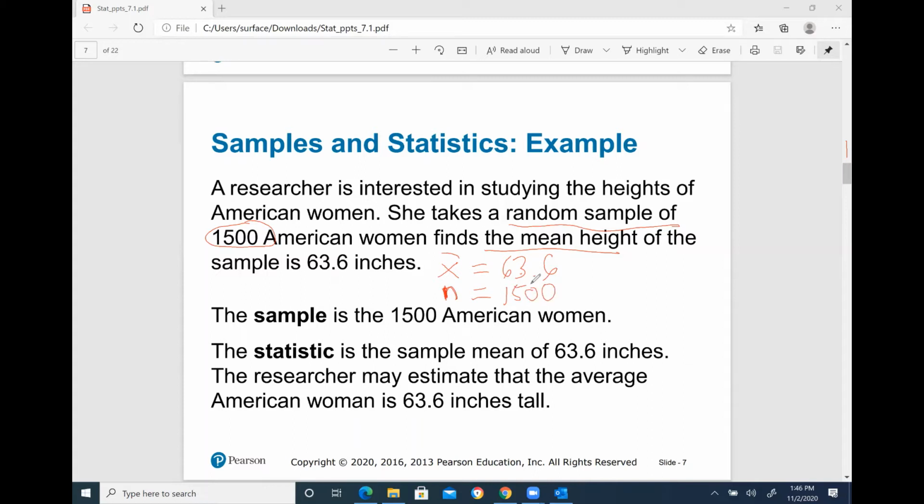The big N represents the number in the population, but usually to estimate the population they use just the sample size and the sample information. The sample is 1,500 American women, and the statistic is the sample mean of 63.6 inches. The researchers may estimate that the average American woman is 63.6 inches tall.